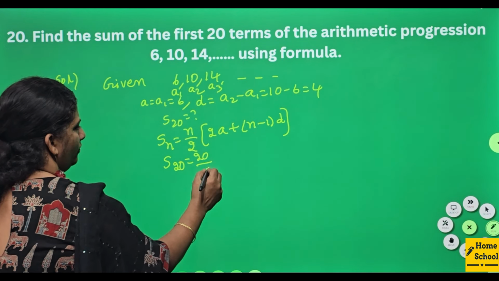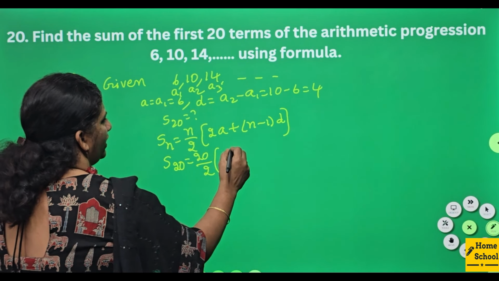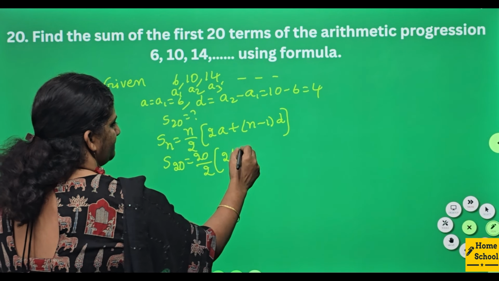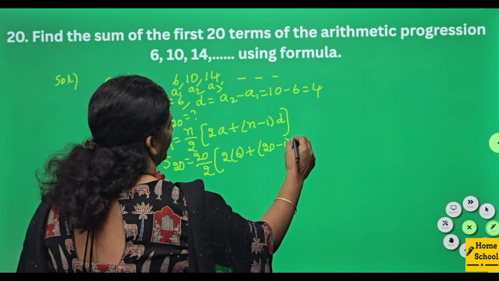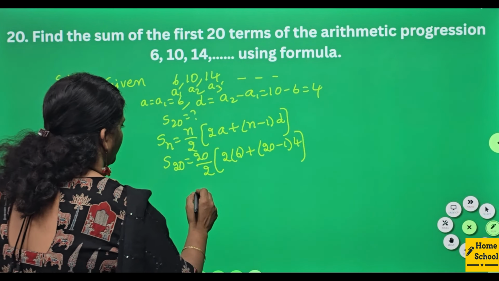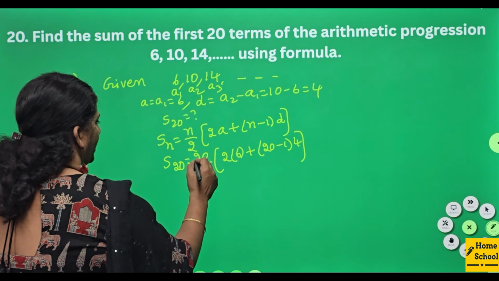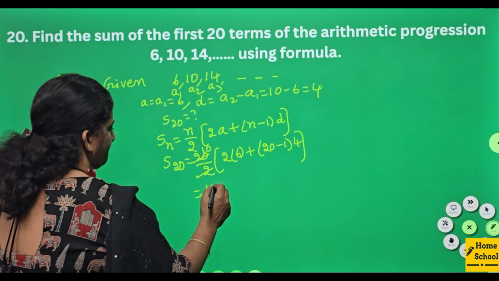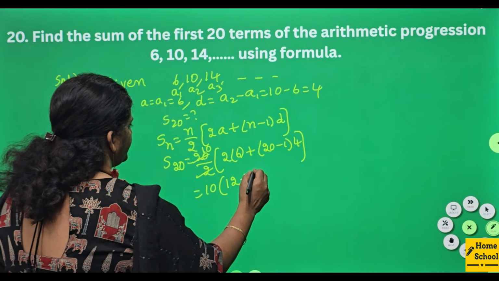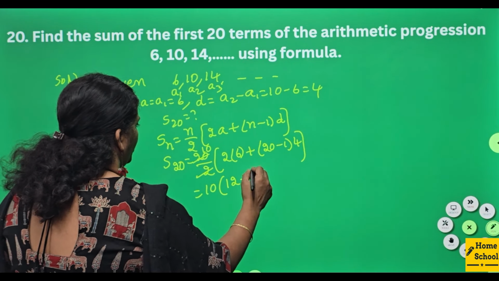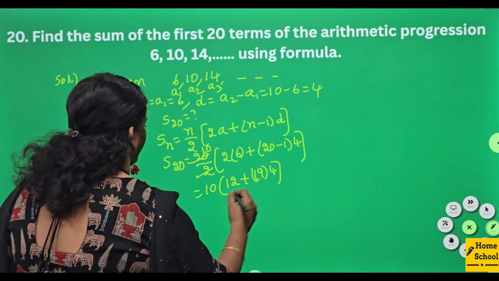S₂₀ = 20/2 [2 × 6 + (20 − 1) × 4]. 20 by 2, 2 tens are 10, into (12 + 19 × 4).